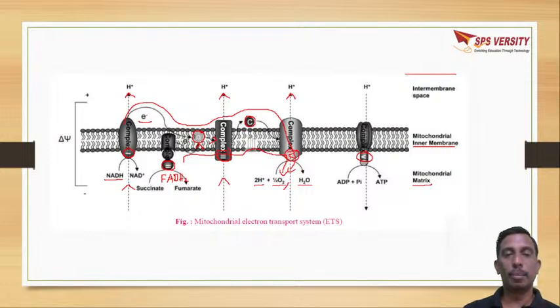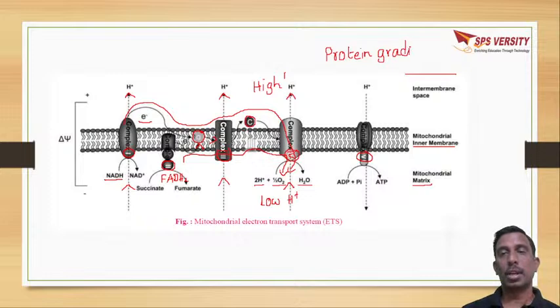Due to this, what happens is intermembrane space becomes with high concentration of protons. मैट्रिक्स में low concentration of protons होता है. इधर ज्यादा रहता, इधर कम रहता. सो इसको क्या बोलते कि प्रोटॉन ग्रेडियंट. इसको क्या बोलते? प्रोटॉन ग्रेडियंट.